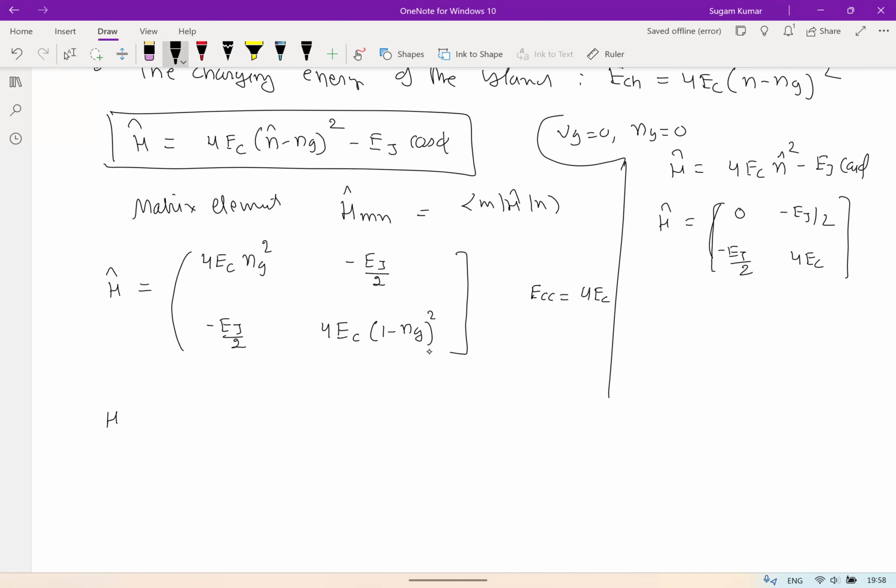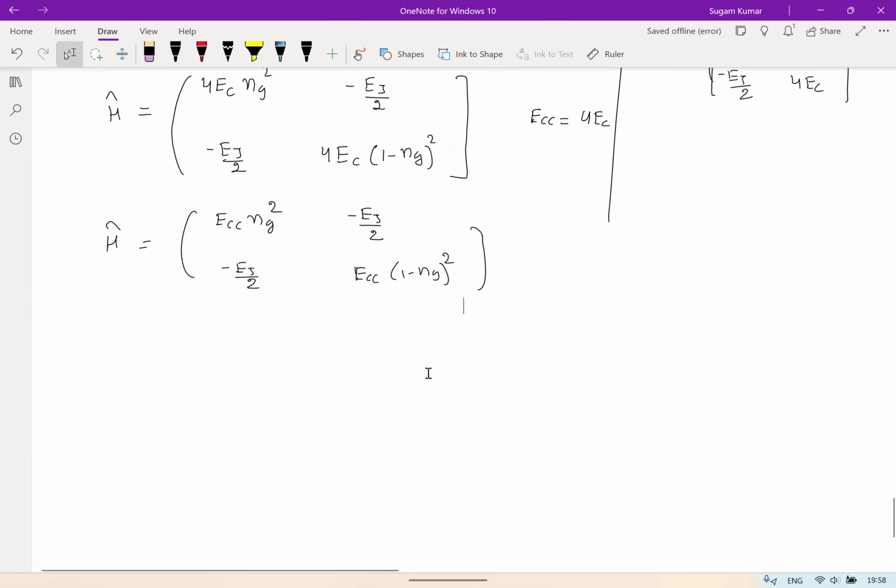Then in that situation, the Hamiltonian is going to become ECC Ng square and minus Ej by 2. So I can try to create a symmetric form of the Hamiltonian.